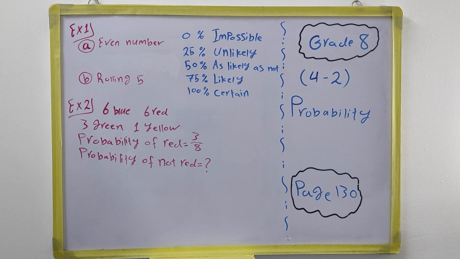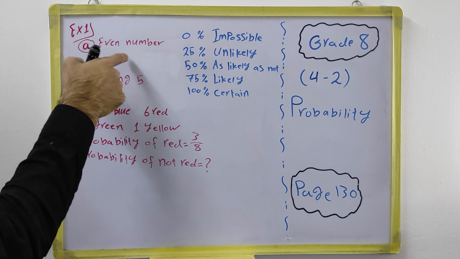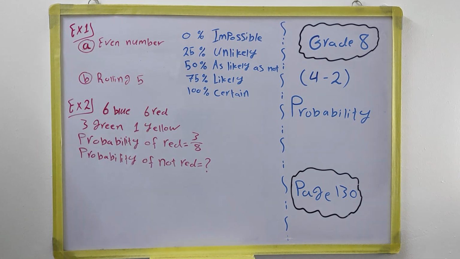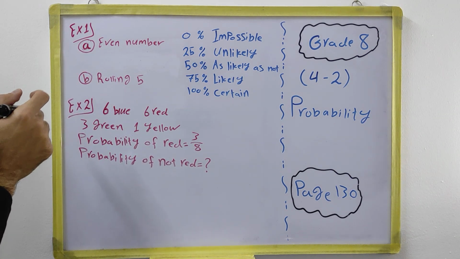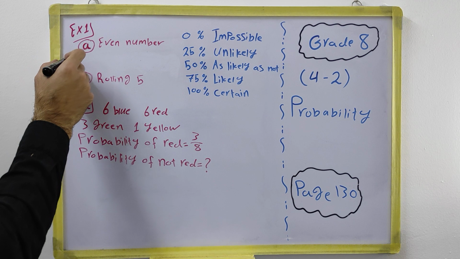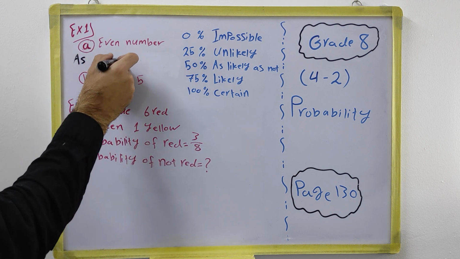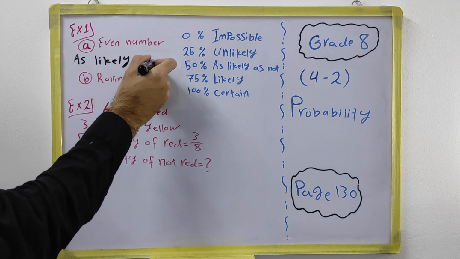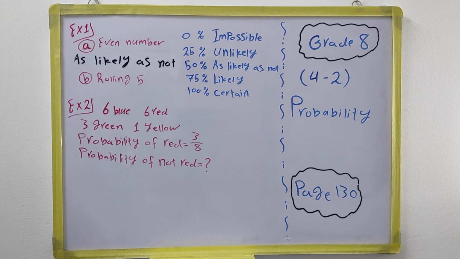The one which is 50-50 chance is as likely as not, because we said it's 3 possibilities out of 6 possibilities. 3 of them are even, 3 of them are odd, so as likely as not means we have half chance to get an even number.